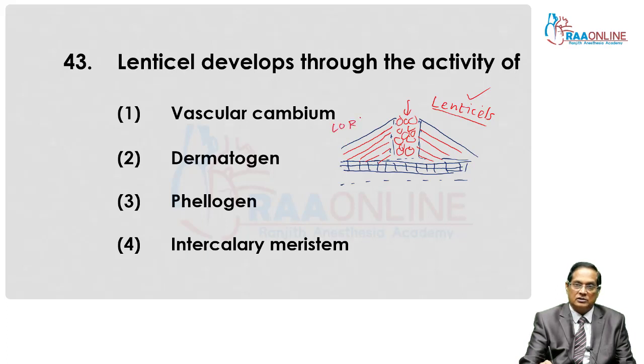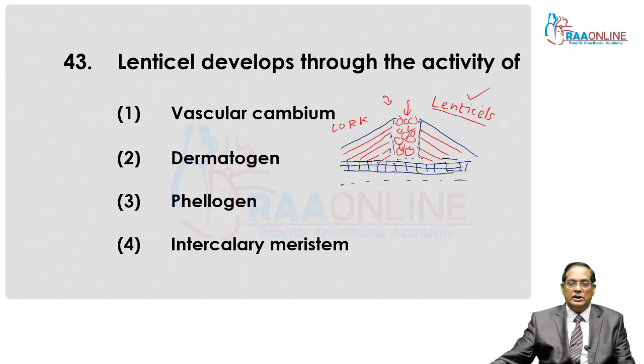These are interruptions in cork, and in these interruptions only parenchymatous cells are present. Through this structure gaseous exchange takes place. A very small amount of water is also lost through this structure.